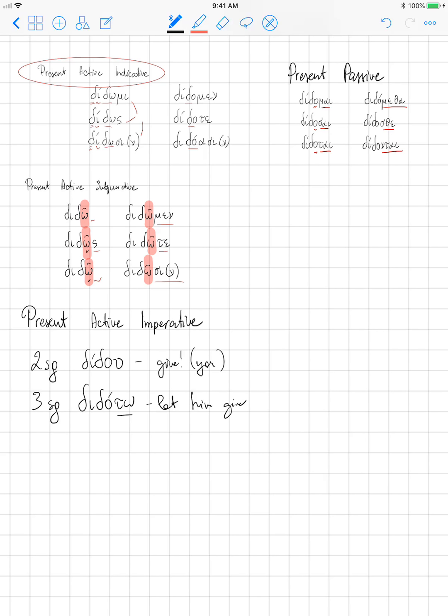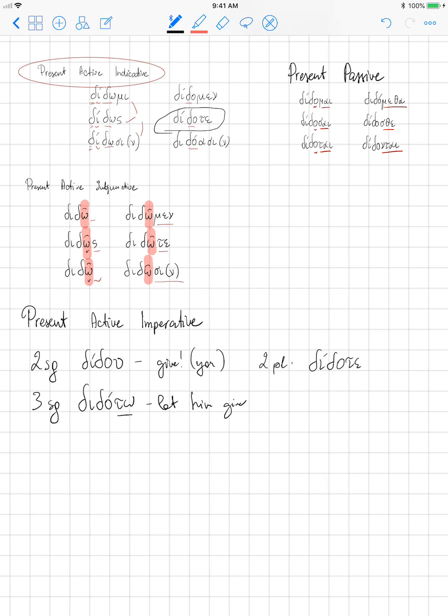Now, how about second plural? It's didote. Somewhere we've seen that before, right? In second person plural, present active indicative and second person plural imperative are the same. Fun fact, that's how you say it in Ukrainian if you want to command somebody.